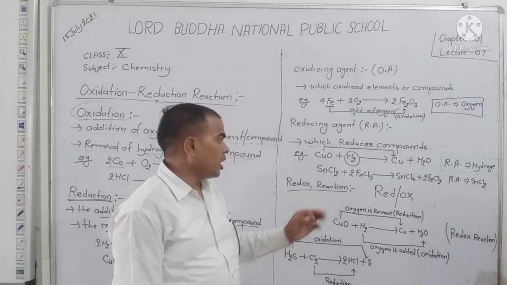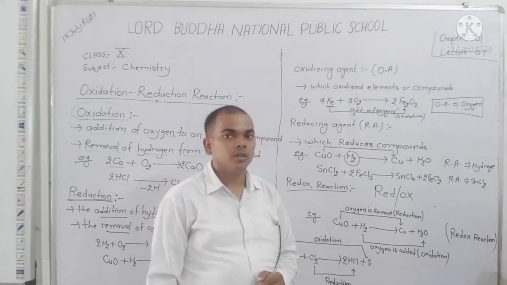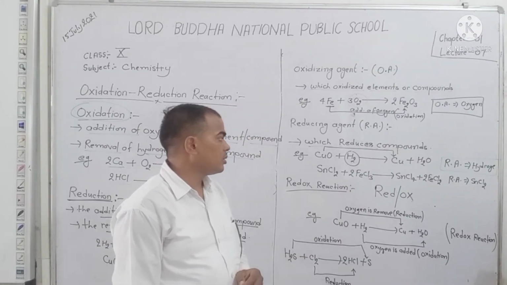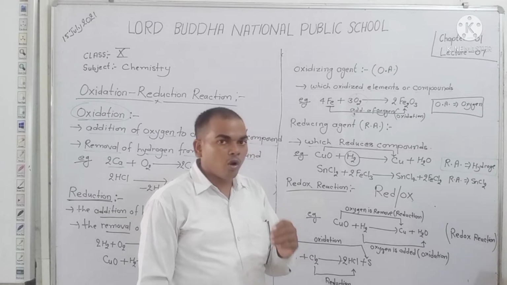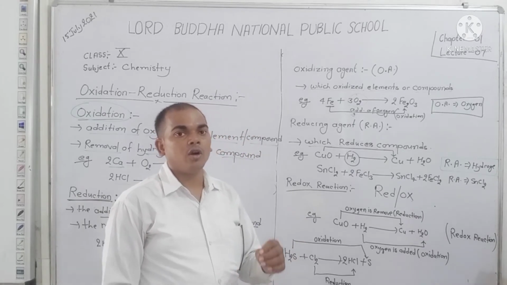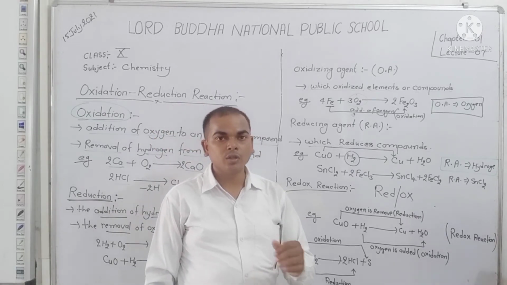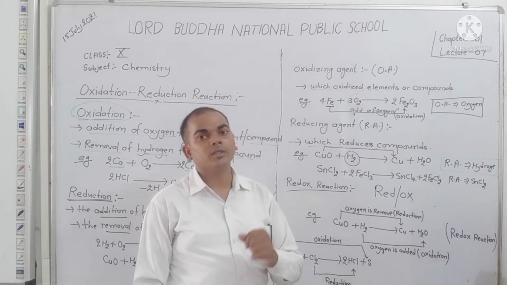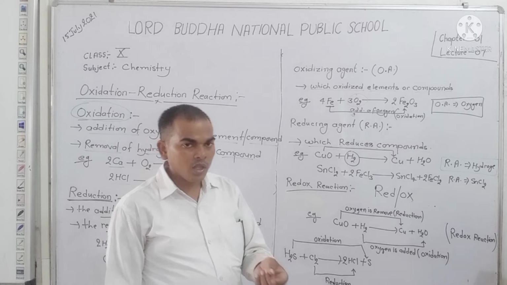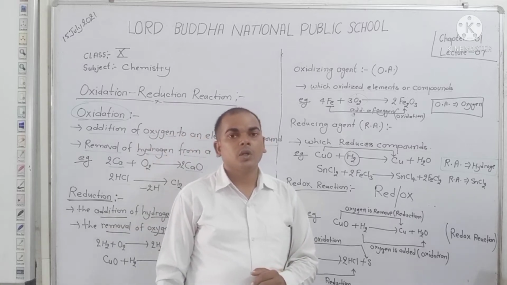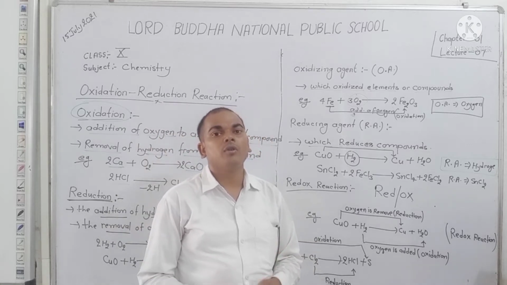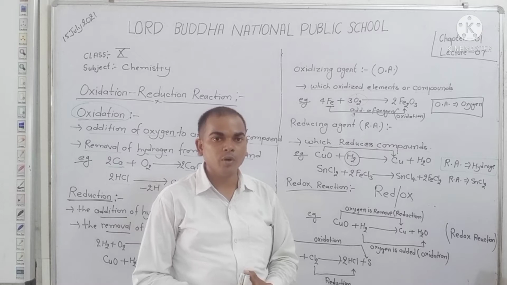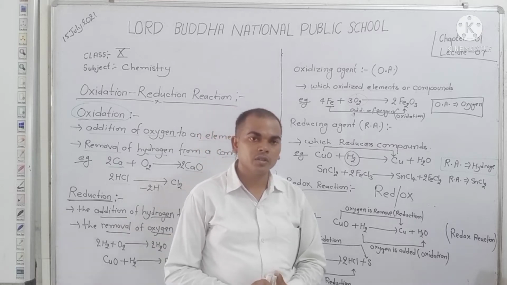Okay. Now discuss here SnCl2 plus FeCl3. Dear student, not only addition or removal of hydrogen or oxygen is an oxidation and reduction reaction. It also happens that addition or removal of negative ions from a compound is also an oxidation or reduction reaction.